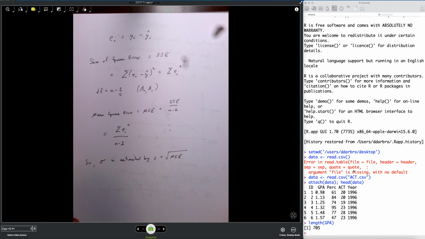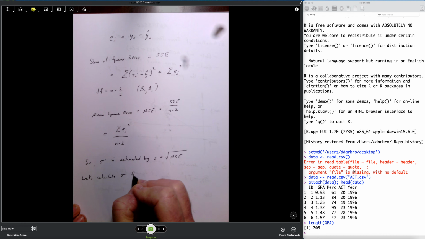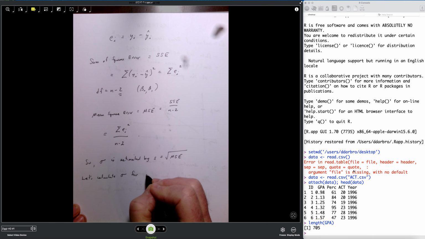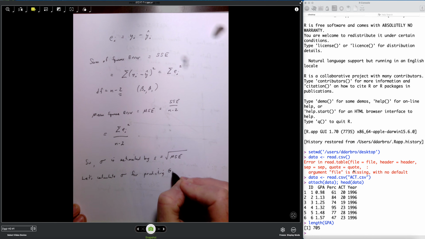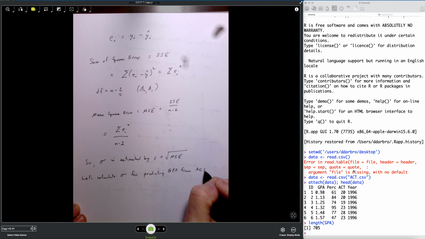So let's calculate. So what are we doing? Predicting GPA from ACT.